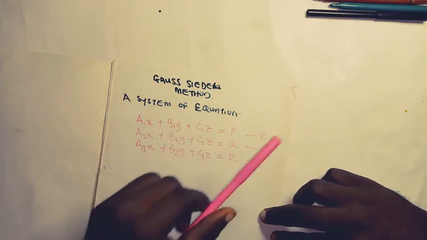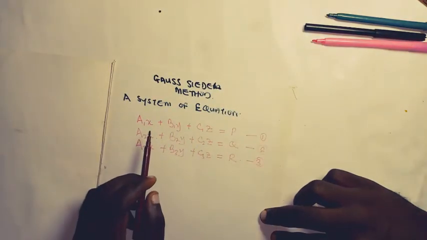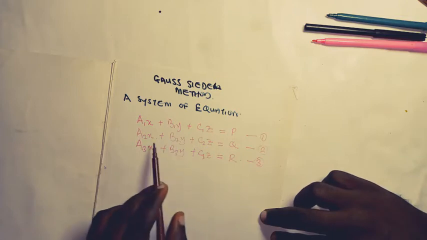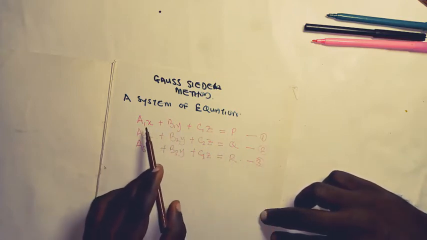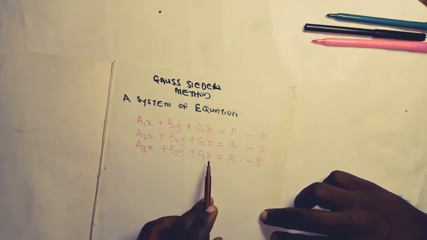So to solve using the Gauss-Seidel method, we need to use each of these equations to solve for each of the variables. So we will use equation 1 for x, equation 2 for y, and equation 3 for z.